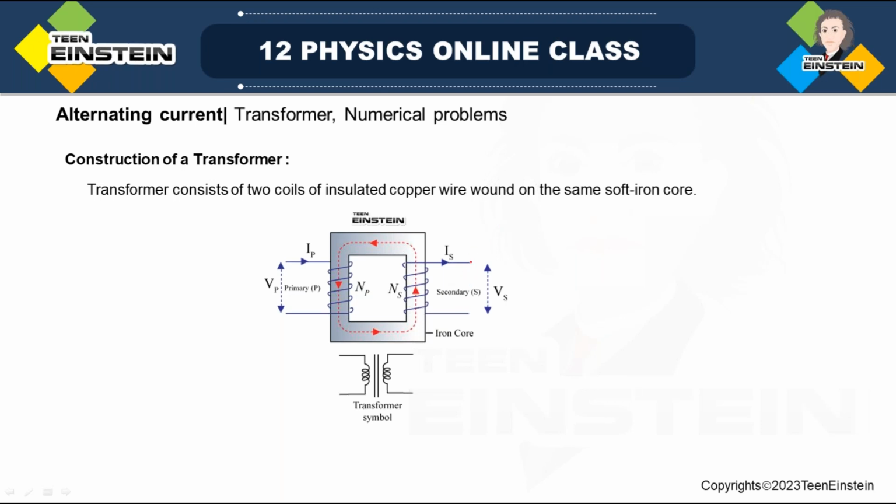The terminals of the secondary coil are connected to the output, that means to the appliances. So on this side there will be appliances connected, and on this side the source will be connected, the AC mains.